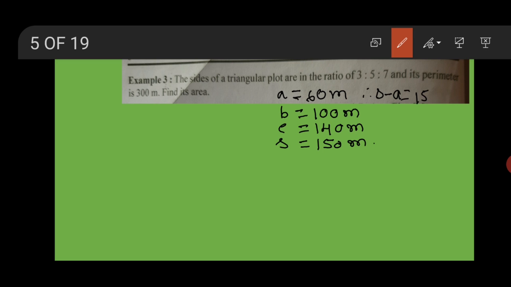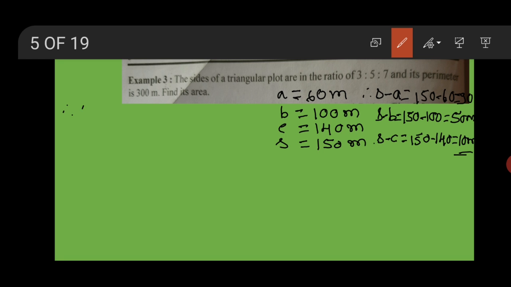What is S minus a? 150 minus 60 is equal to 90 meter. Then S minus b is equal to 150 minus 100 is equal to 50 meter. Similarly S minus c is equal to 150 minus 140, it's equal to 10 meter.